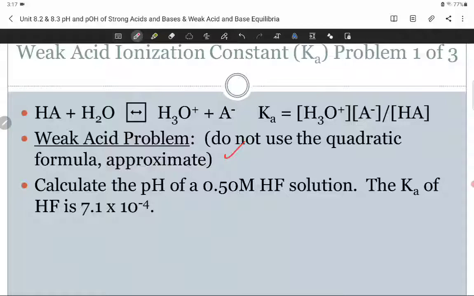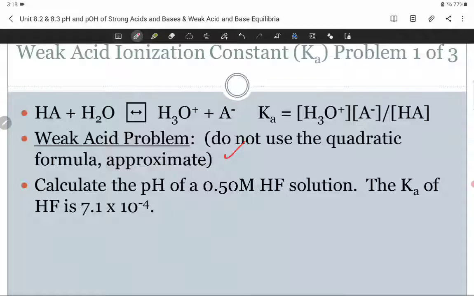Do not use the quadratic. If you're going into the quadratic, something has gone wrong. Okay. Certainly, if you'd like to use the quadratic, feel free, but that's going to be probably a little more time-consuming than you need it to be.